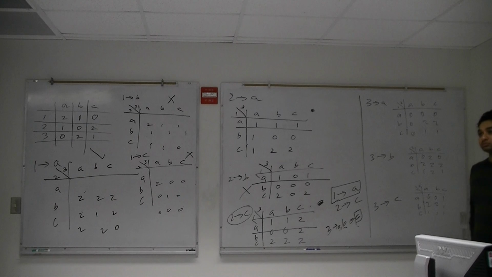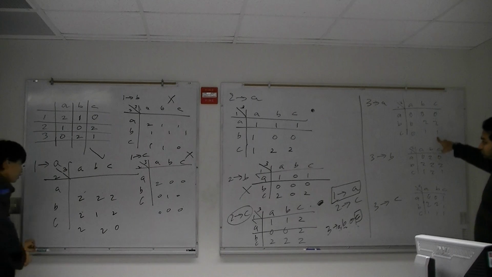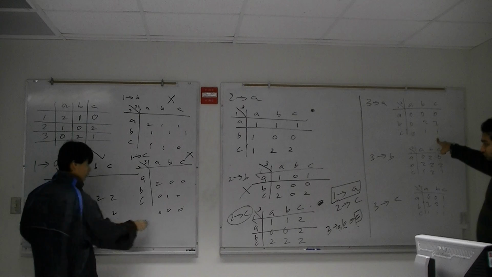Even though player 1 knows that eventually players 2 and 3 will choose C, what can he do? Nothing. No matter what he chooses, he'll get 0. Look at the first plot here: I know players 2 and 3 are going to choose C, so I'm only considering this one, and this one.